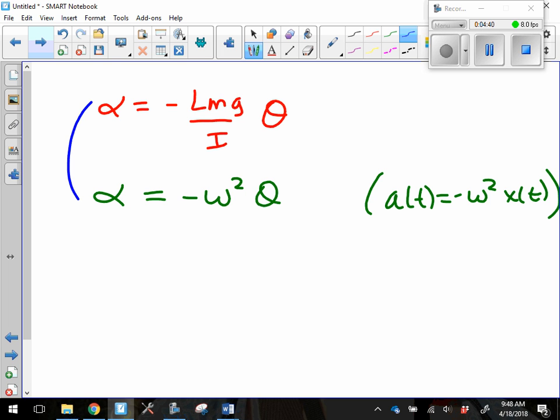So if we compare these two equations, what can you tell me? Yeah.